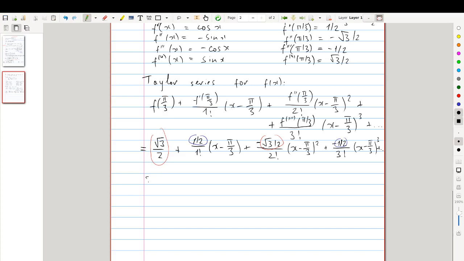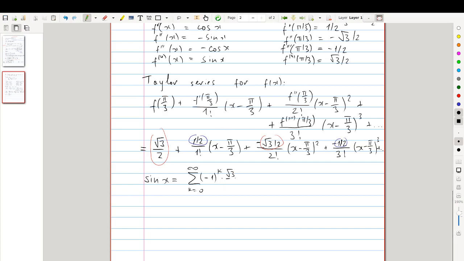we can write sine x as a sum of 2 series. So first, let us write down the even order terms, the 0th, second, fourth, and so on. So here we have the sum k from 0 to infinity. As I mentioned, the signs must alternate and they start with a plus, so we have minus 1 to the k. And then the even terms are multiplied by root 3 over 2.